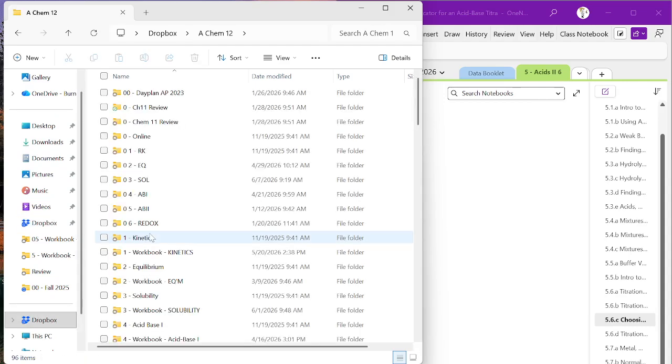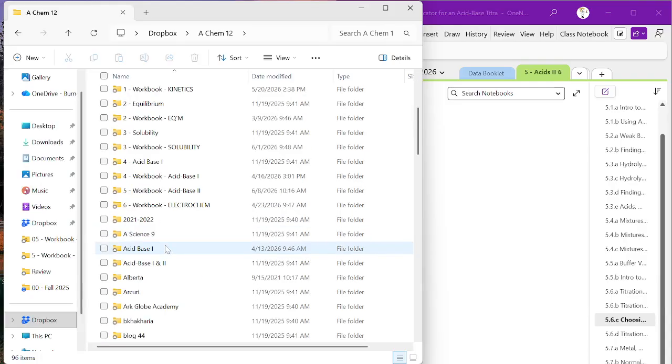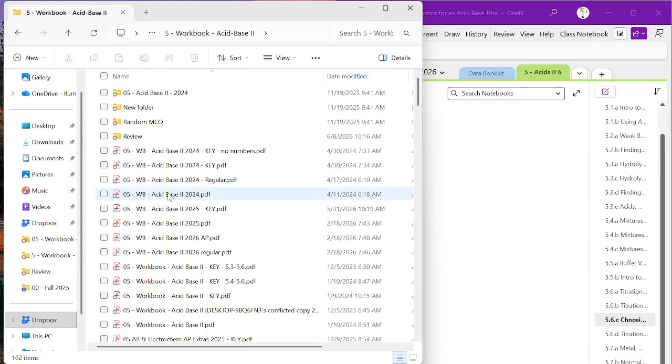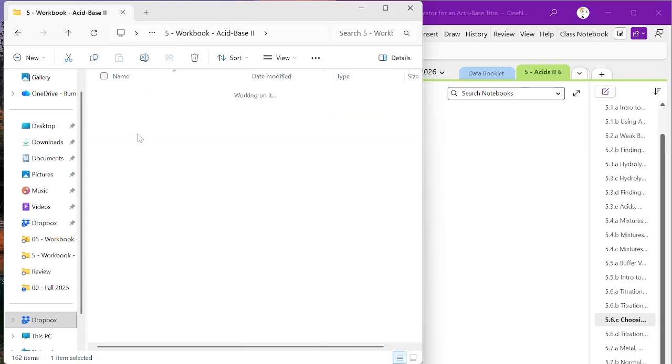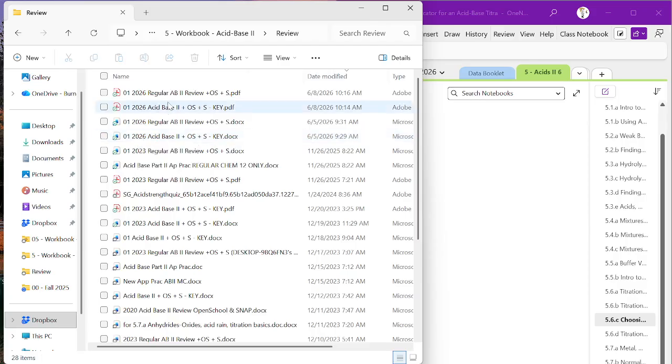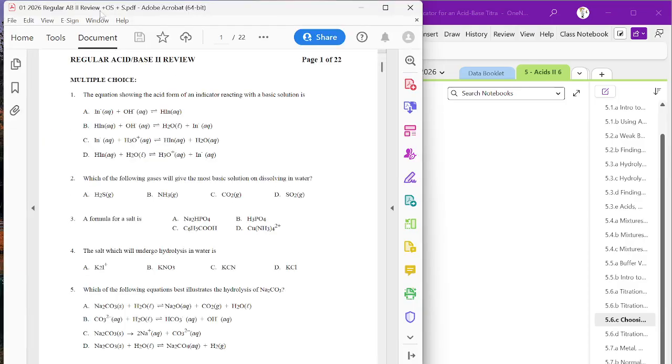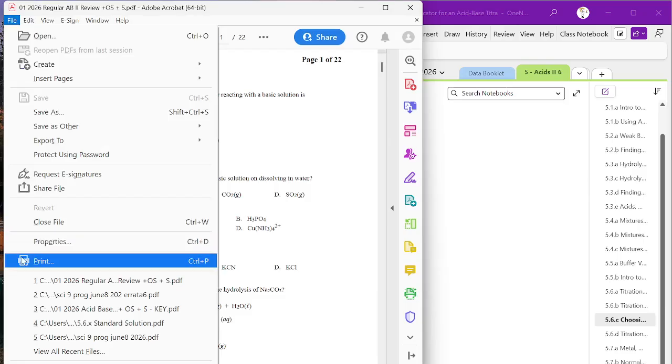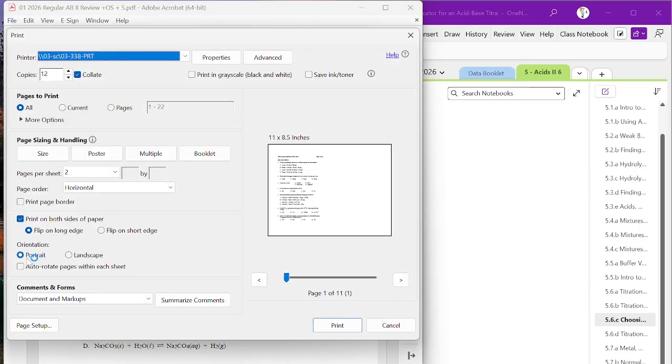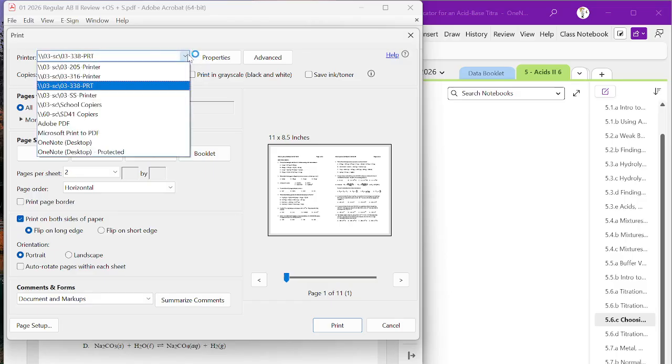I need acid base 2. I need review. That's the one. File, print. And we're not going to the printer. We are going to OneNote.